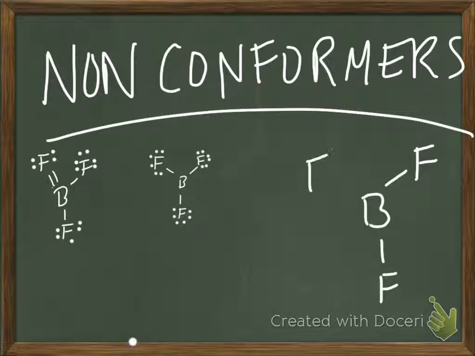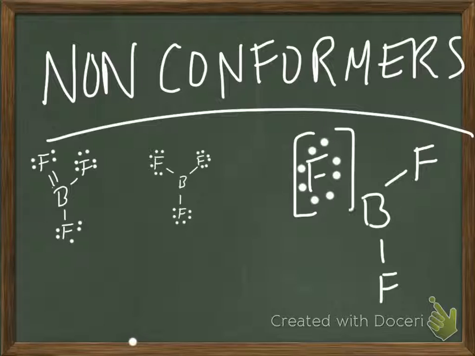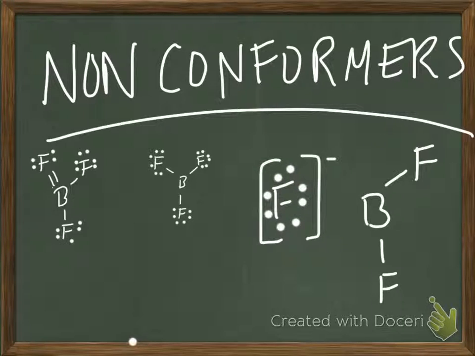was that in fact what happens is that fluorine is so electronegative, it actually steals that other electron off of boron, and then you have, well, what would this be?